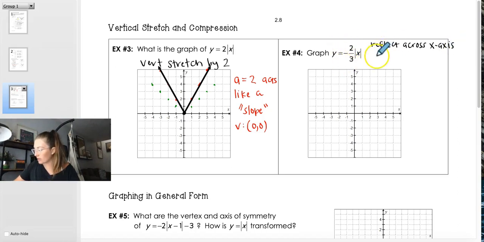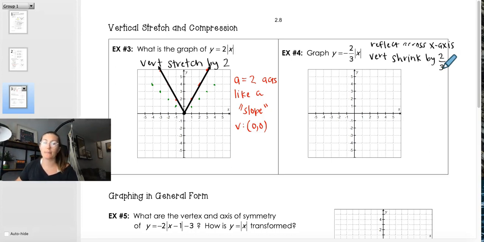And then this 2/3 is going to be a vertical shrink. It's less than 1, by a positive 2/3.